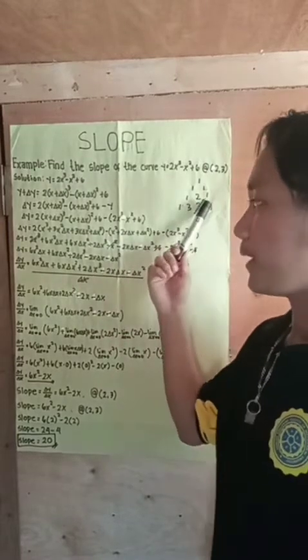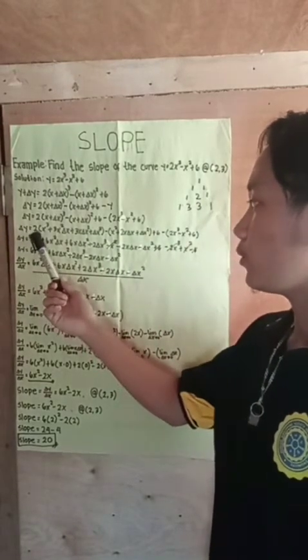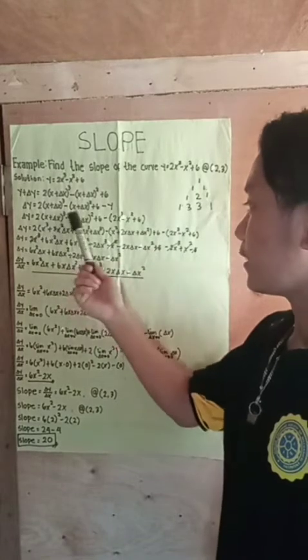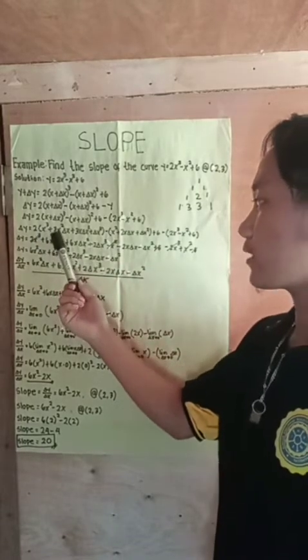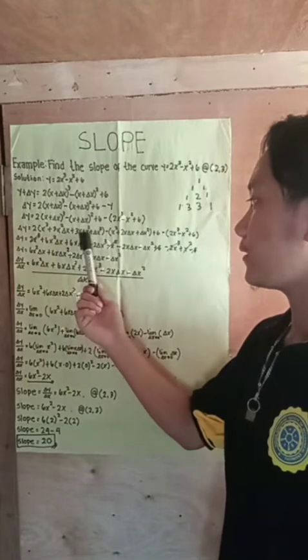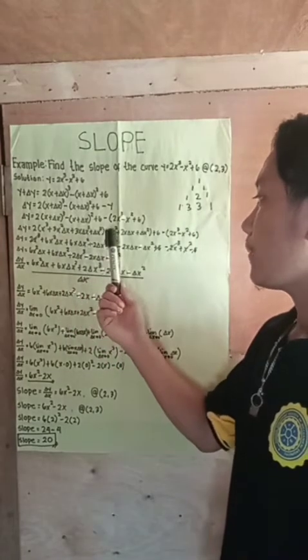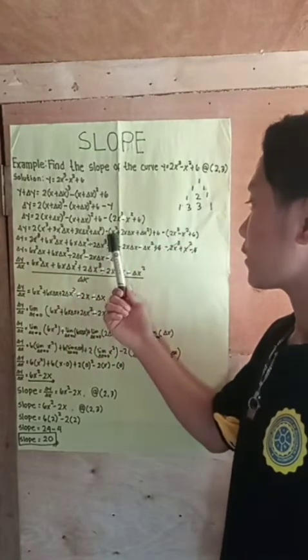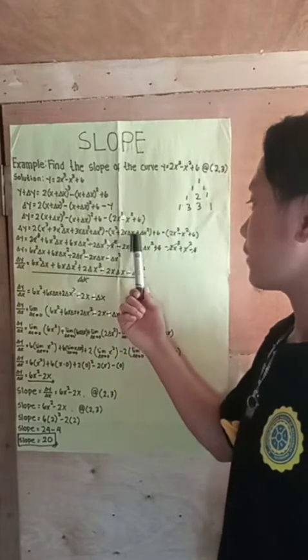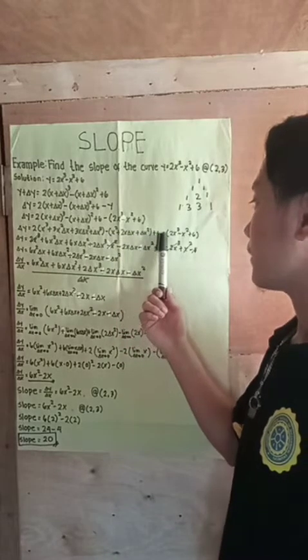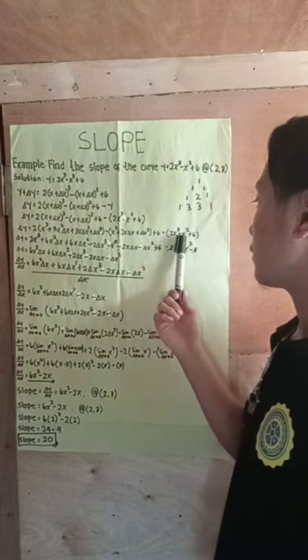So we apply it. Delta y equals 2. Applying this, it becomes x cubed plus 3x squared delta x plus 3x delta x squared plus delta x cubed, minus, applying again, x squared plus 2x delta x plus delta x squared, plus 6 minus 2x cubed minus x squared plus 6.